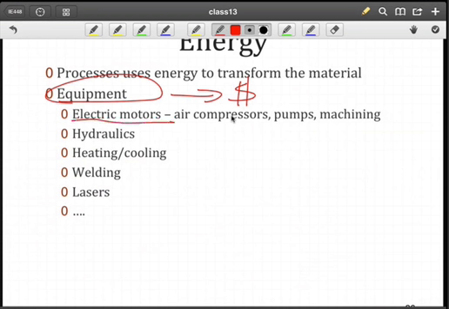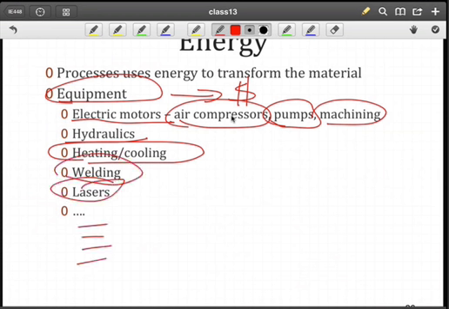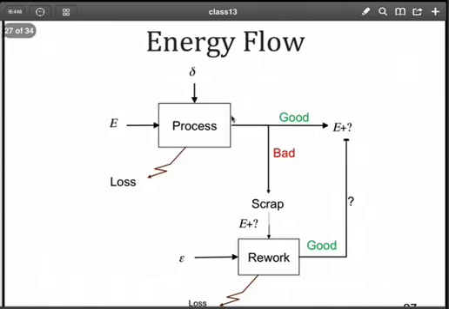We can see energy being used in electric motors that are used in air compressors, a major consumer of energy, pumps, machining processes. We have hydraulics, again driven by motors, heating and cooling, material treatments, welding operations, lasers, and you could continue to list others that are consuming energy to transform the material.